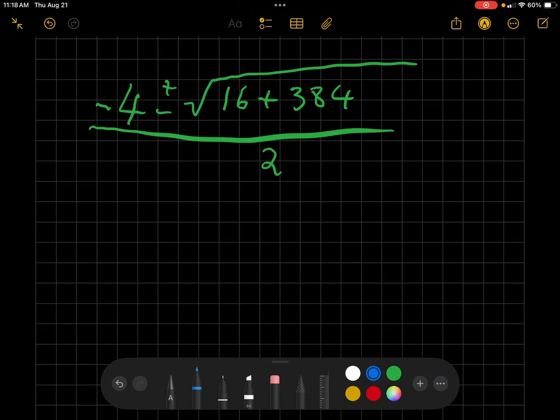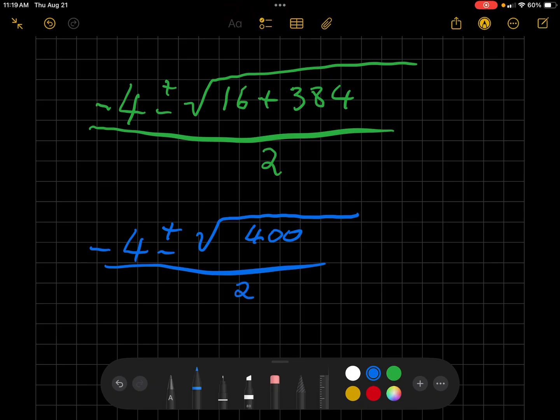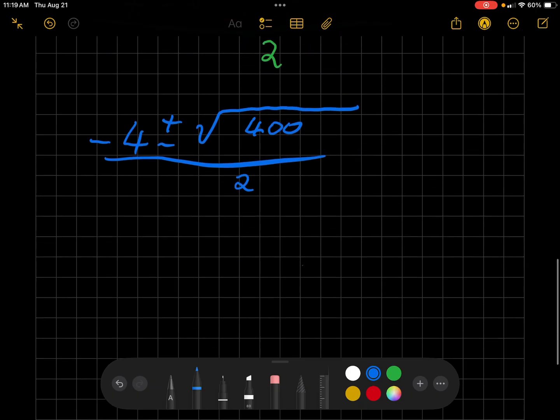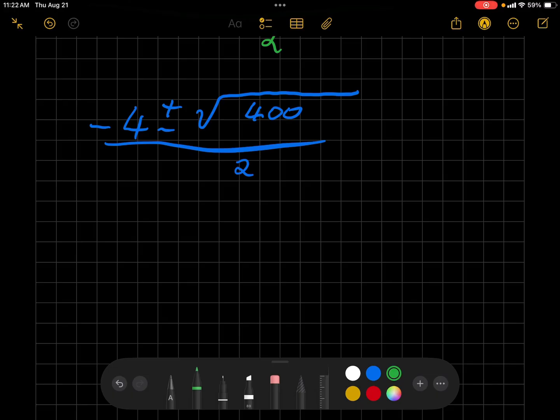So negative 4 plus or minus the square root of 16 plus 384, that's going to give us 400, all over 2. Then we have negative 4 plus or minus, and the square root of 400 is going to be 20. So then we have 20, and all that is divided by 2.